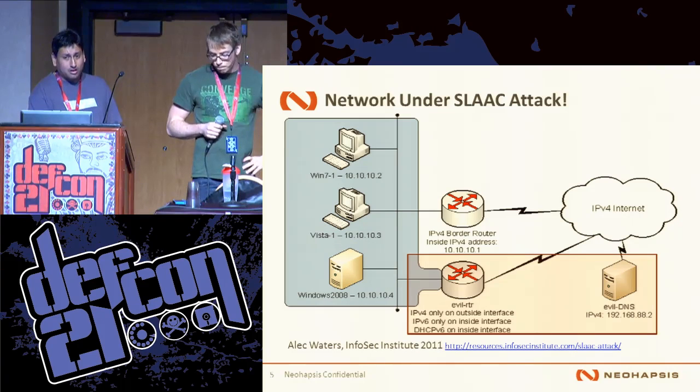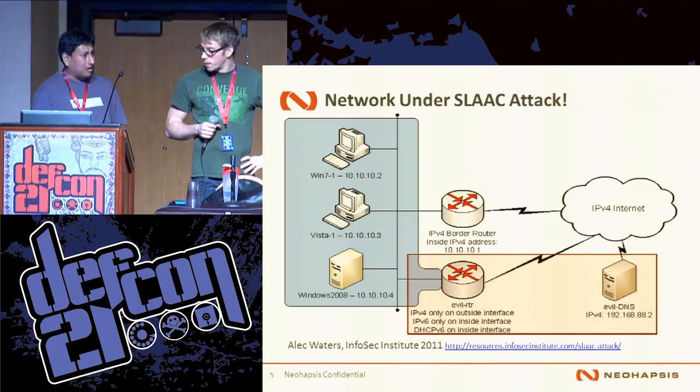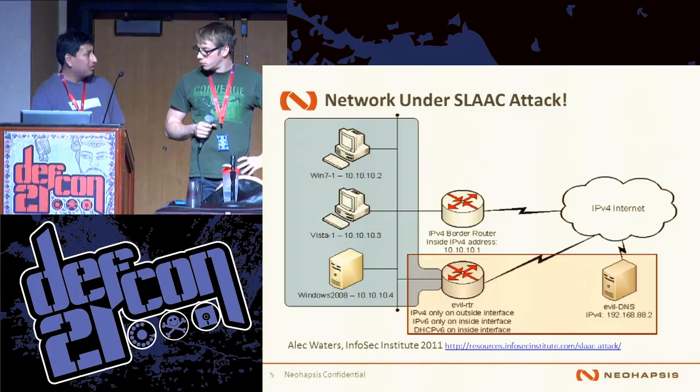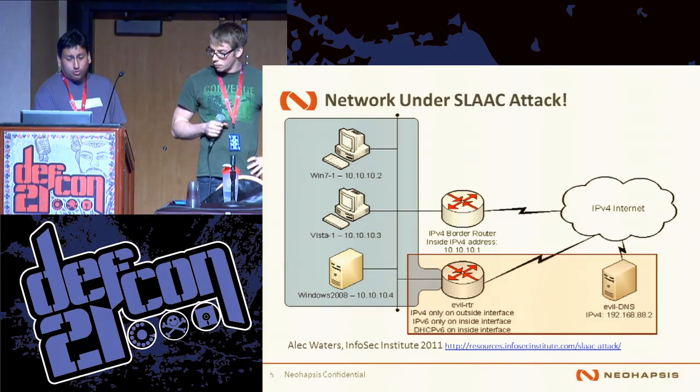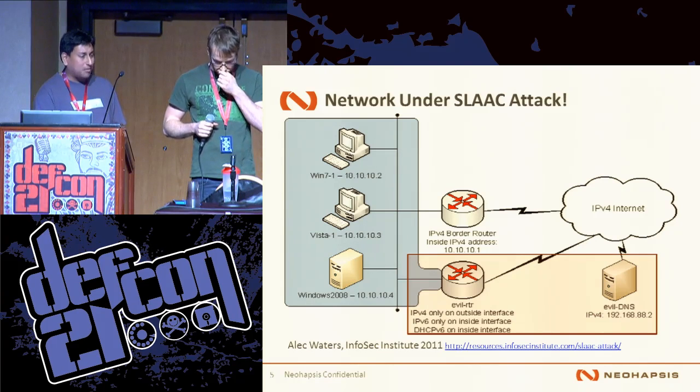The evil router and the evil DNS are intercepting traffic. They're running an IP version 6 network, denoted in blue, passing traffic through their own packages and their own DNS host, and then resending it out over the IP version 4 network.